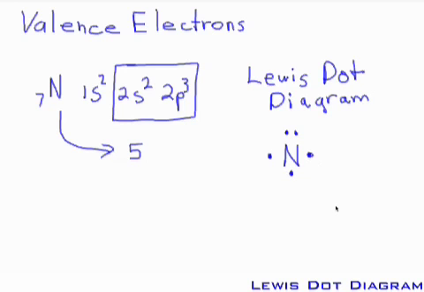And so this is a Lewis dot diagram for the element nitrogen. This is important because we're going to use the concept of valence electrons and diagrams like this to produce Lewis structures of molecules. And that we'll be doing in the next lecture.